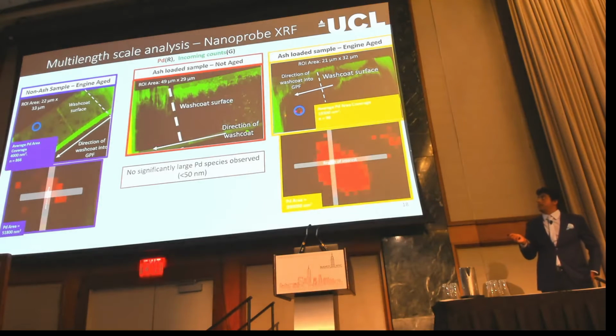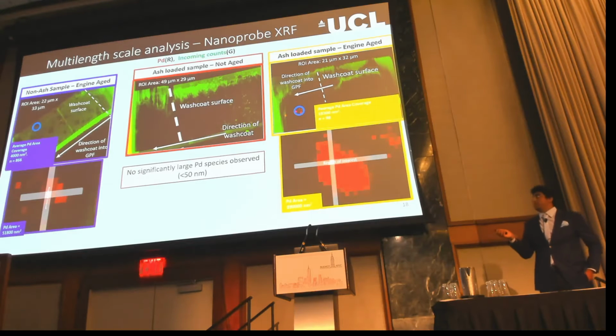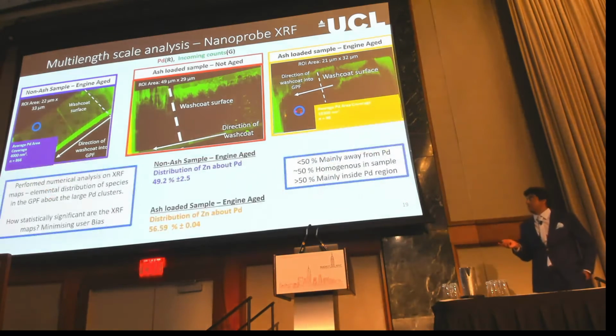However, upon engine aging you see growth of palladium species, especially in a sample containing pre-ash deposition, so you see large palladium species here. I could be a bit of a charlatan and just show you images which show my point, but we are capable of doing numerical analysis on these systems.